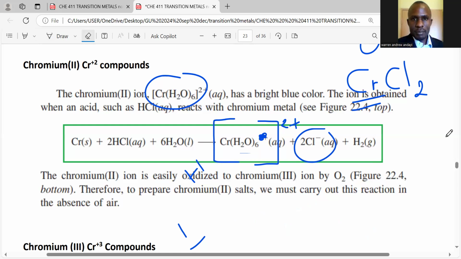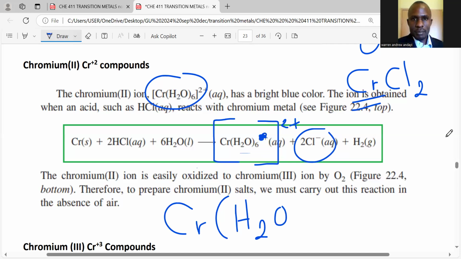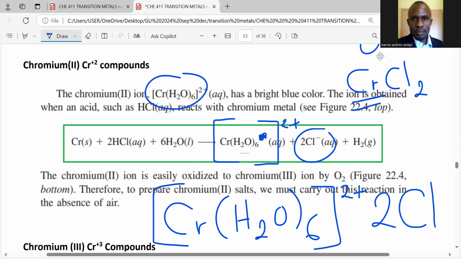I've done that to save time. I could alternatively have said chromium, then H2O, okay, that's how I would still have written it, 6. Then the overall charge there is +2. Then next to it you'll have 2 chlorine negative, like that.